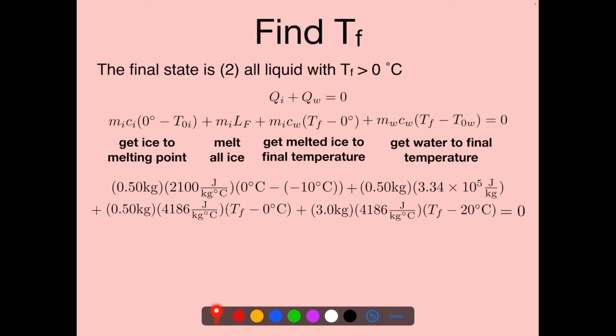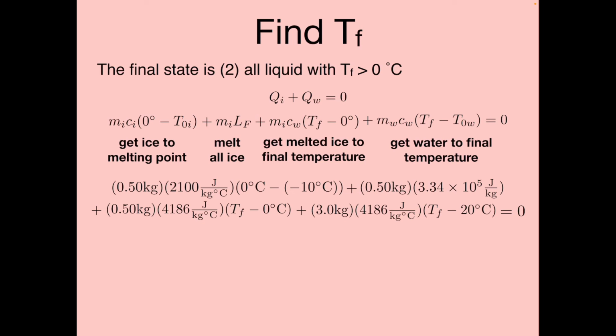Then, in the last term, we have the mass of the water, 3 kilograms times specific heat of water, 4,186 joules per kilogram per degree Celsius. And then we have T final, again, we don't know what that is, minus 20 degrees Celsius for the initial temperature of the water. So it took some time to set up this equation, but now it's pretty straightforward.